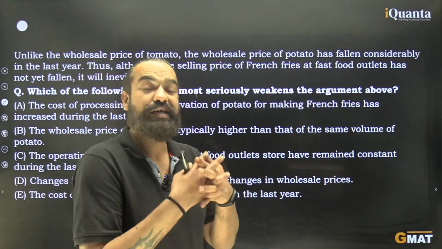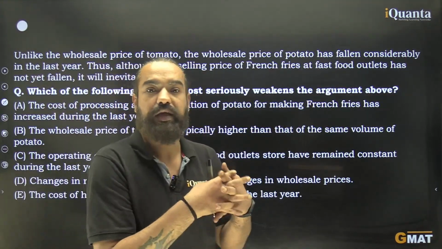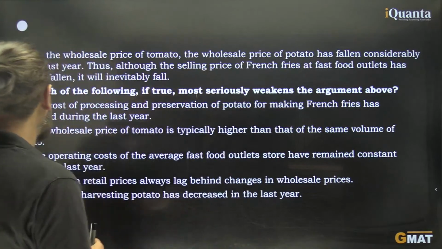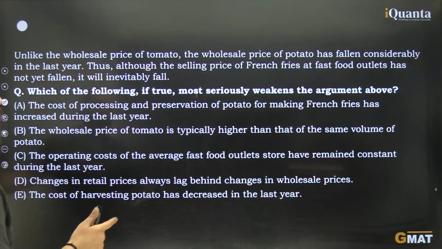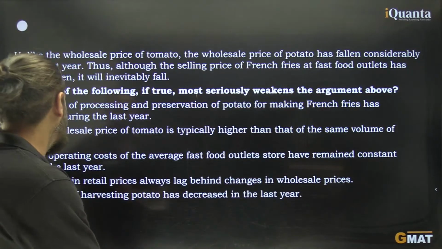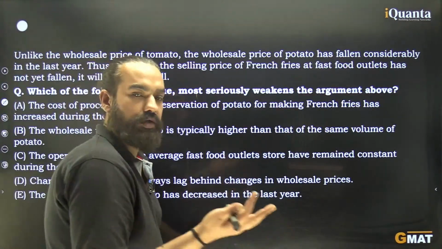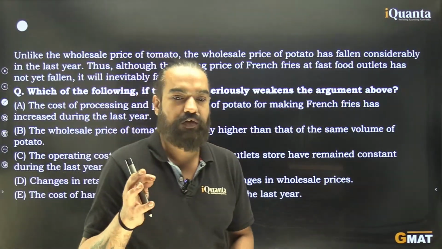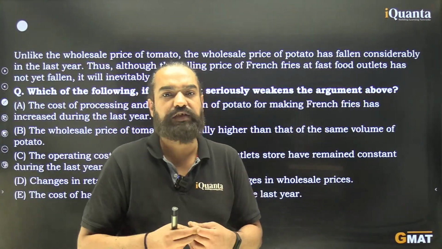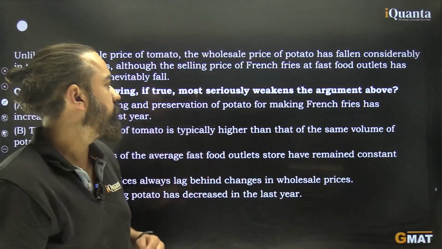This does not weaken the argument that the price of French fries may not drop. The operating costs of the average fast food outlet store have remained constant during the last year. Well, if the operating costs have remained constant last year and the price of potato is falling, the price of French fries should also fall. Yeah, so this is also not weakening the argument.